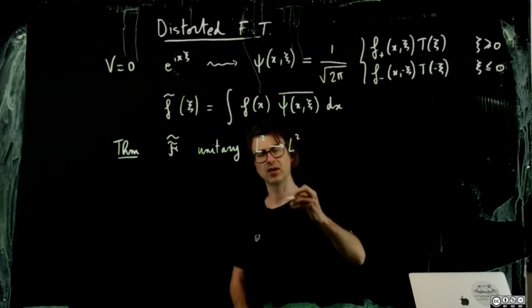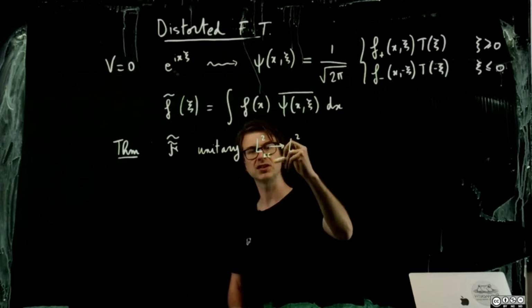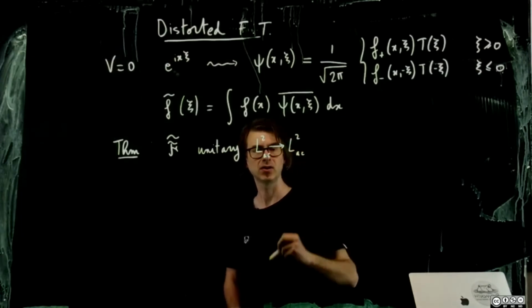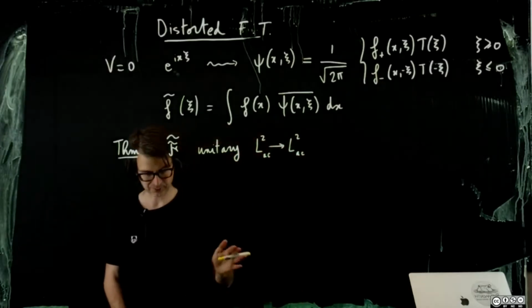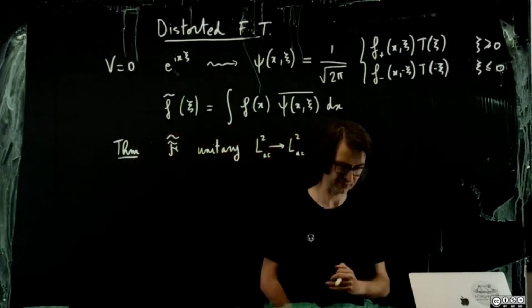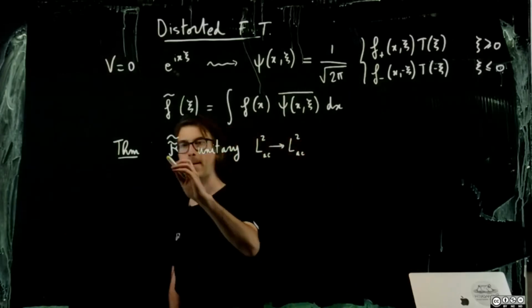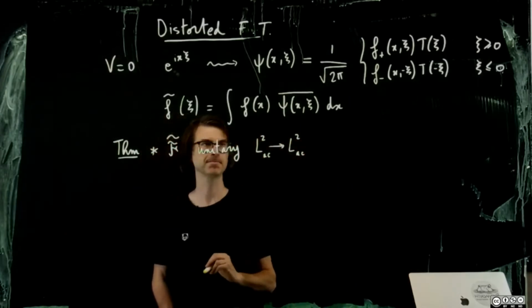I should say L2 projected on the continuous spectrum. That's more of a technicality, but you need to exclude possible eigenvalues. So, okay, f tilde is unitary.